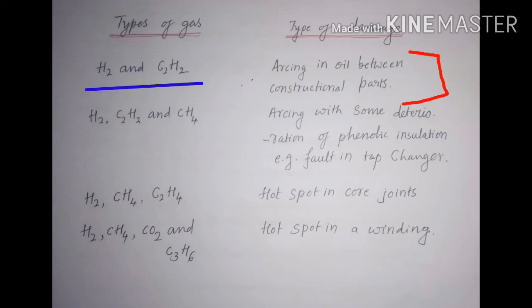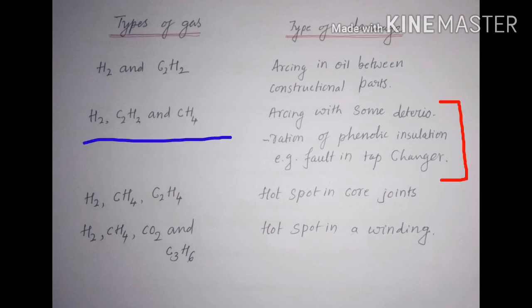The presence of hydrogen and ethane gas indicates that there is arcing in oil between constructional parts of transformer. Presence of hydrogen, ethane and methane gas indicates that there is arcing with some deterioration of phenolic insulation. Example, fault in tap changer.